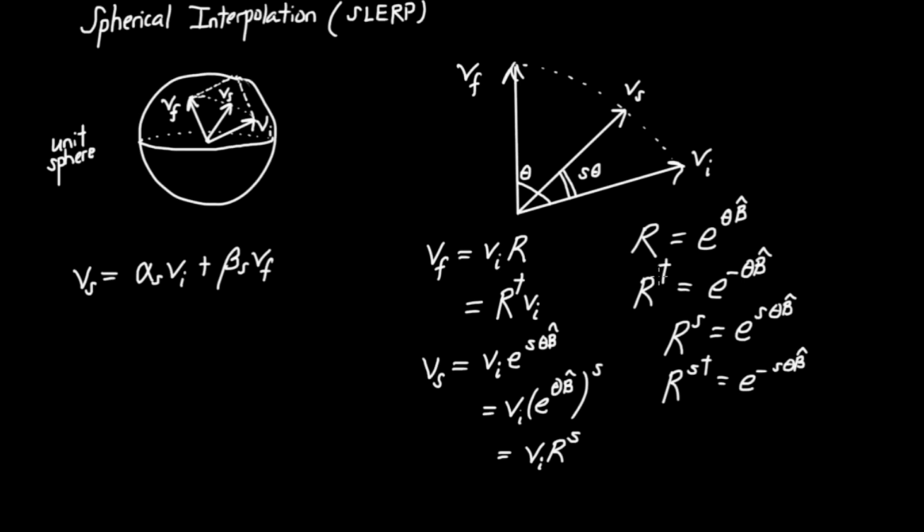And for similar reasons up here, I say that Vi times r to the s is equal to r to the s dagger times Vi. So again, if you want to swap the order, with a special condition that these vectors are in the same plane as b hat, which they indeed are, you have to add a dagger over there if you want to make this a left-sided operation.